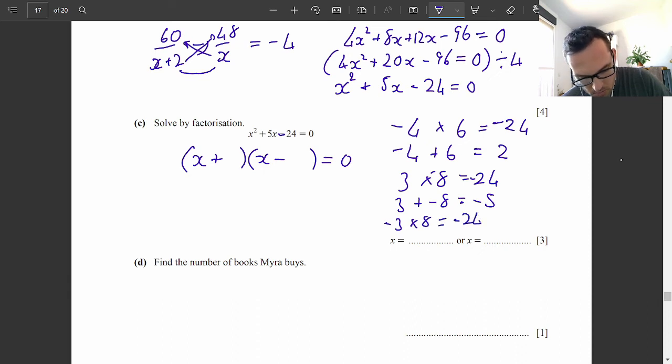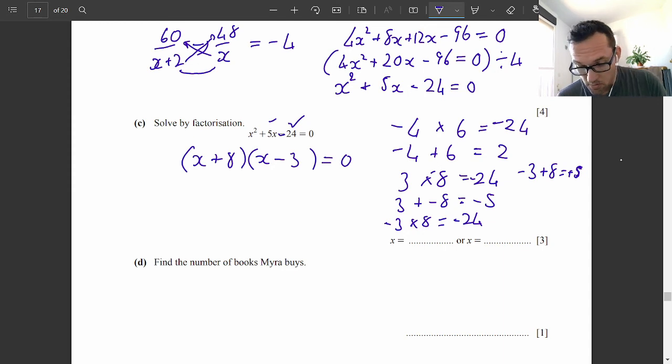That gives us negative 24, which we want there. And when we add the negative 3 and the 8 together, we get a positive 5, what we wanted there. So I got it. The negative 3 goes with the negative, the 8 is positive. Right, that's one way of factorizing them.